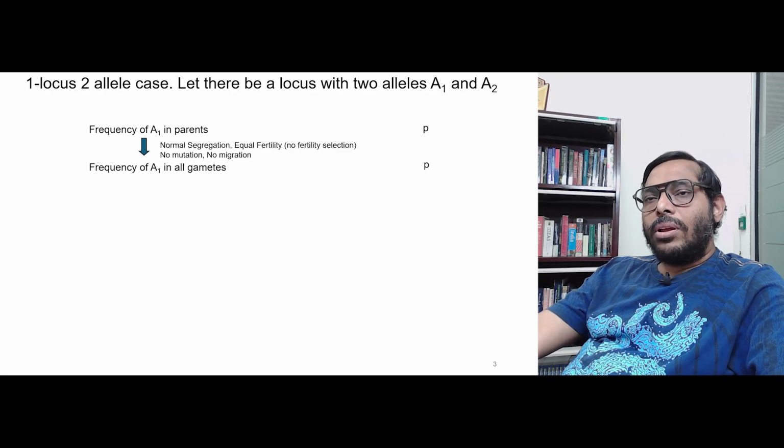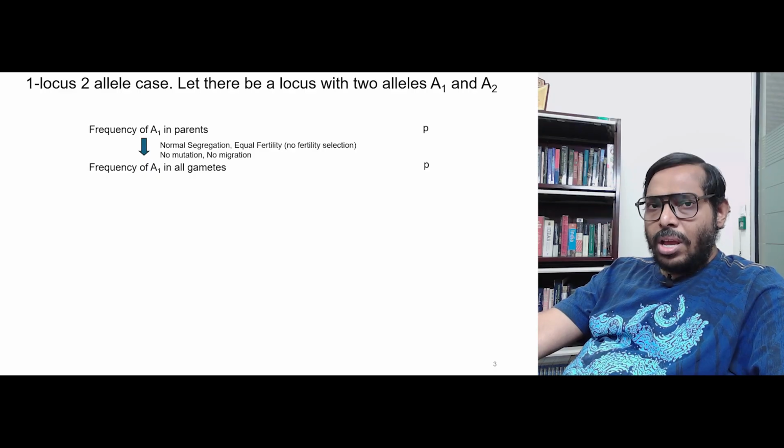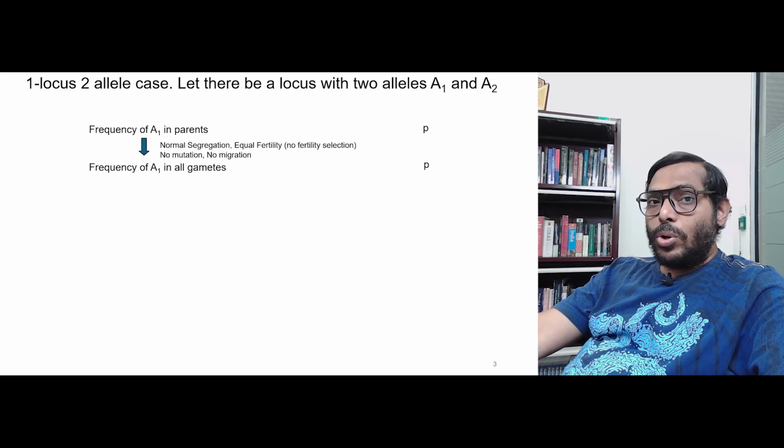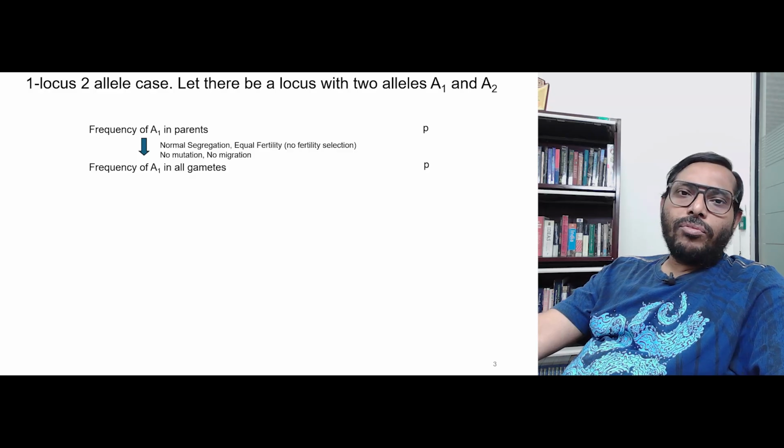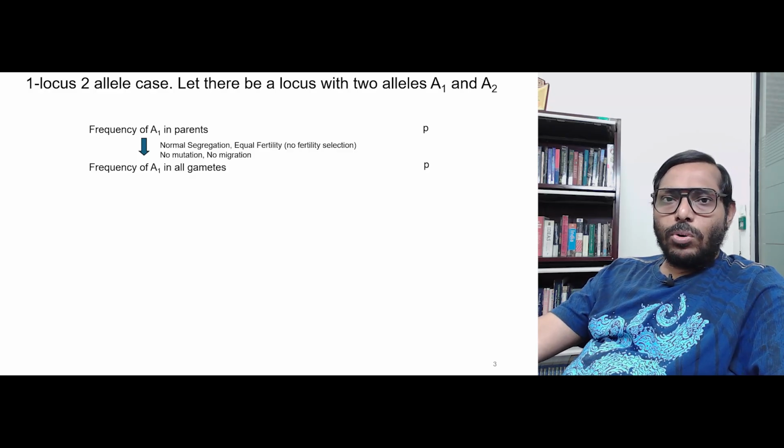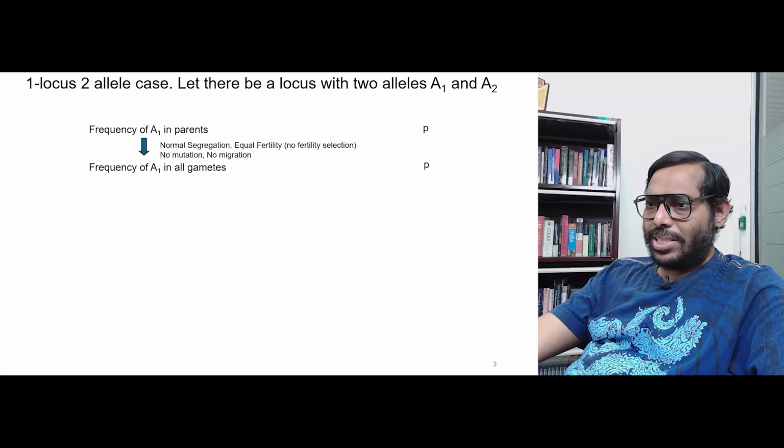Now, remember, in any organism, the number of gametes produced in total is way larger than the actual number of gametes which end up forming zygotes and leading to the formation of babies.